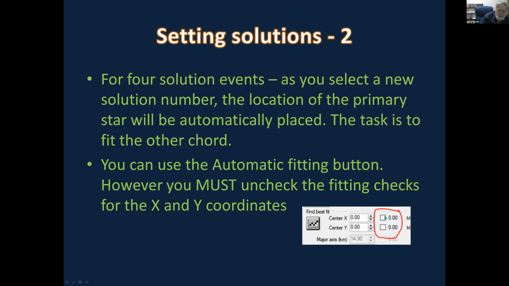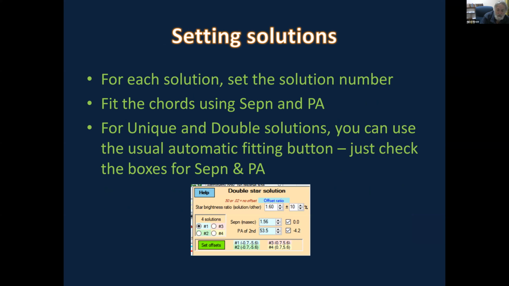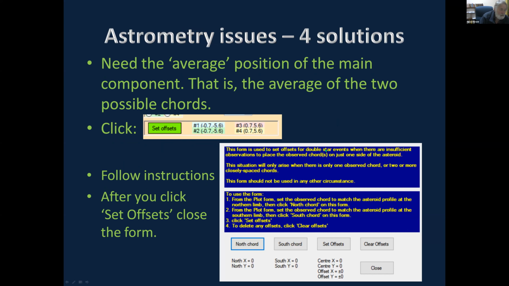That's a fairly significant bit to do. Clear those boxes so that you don't lose your settings. My apologies if this has been a little bit complex, because it is complex. And it's one of those things where you've got to try some examples to work through.